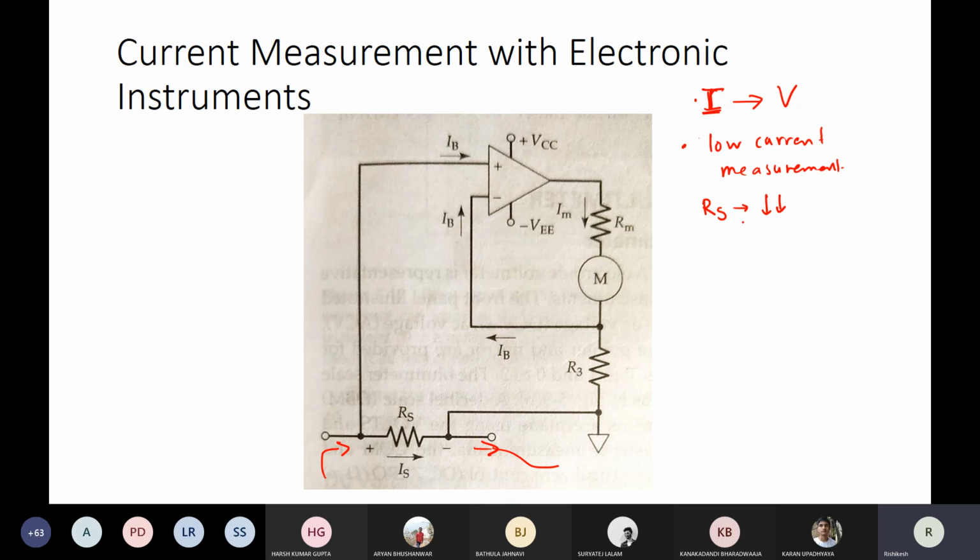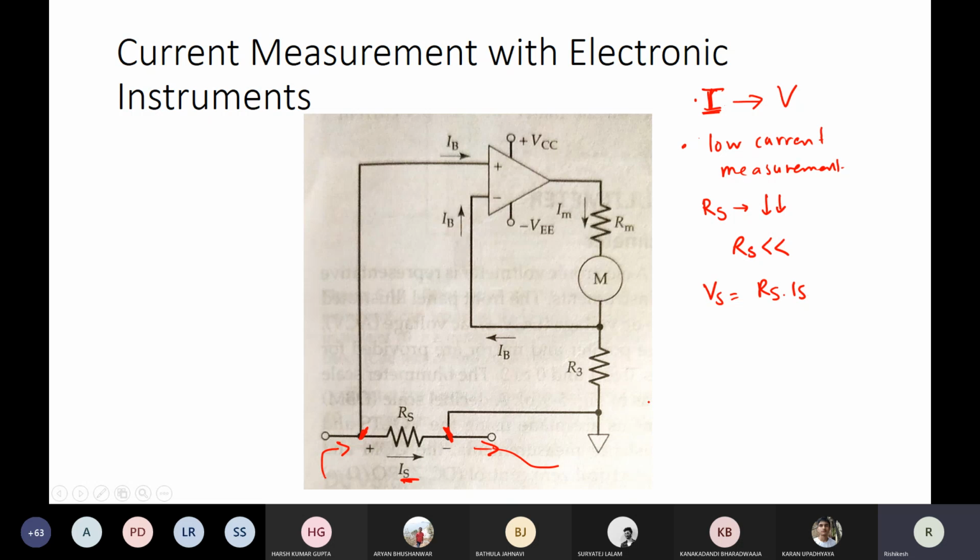When the current being measured, IS, flows through this resistance, it develops a voltage Vs equal to RS times IS, and that is measured by the voltmeter.